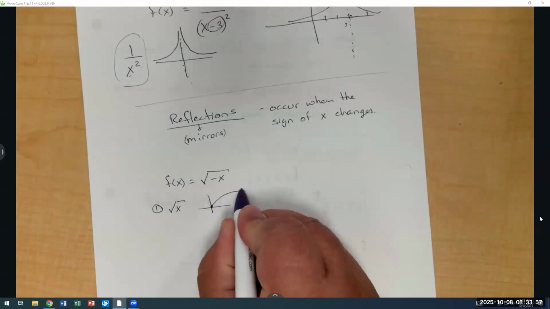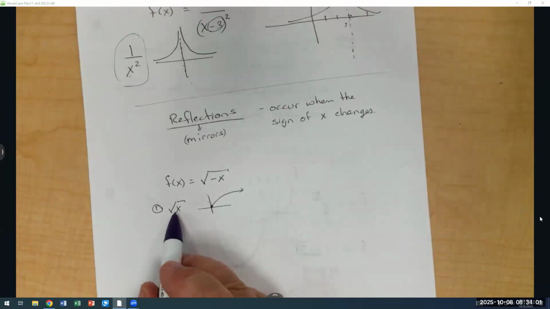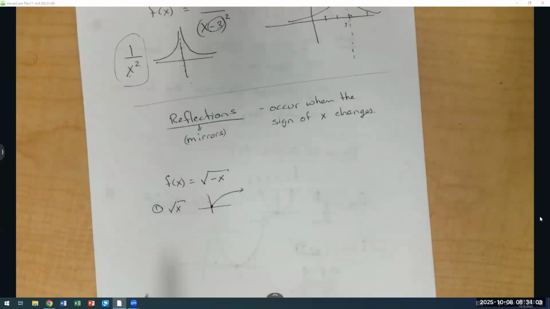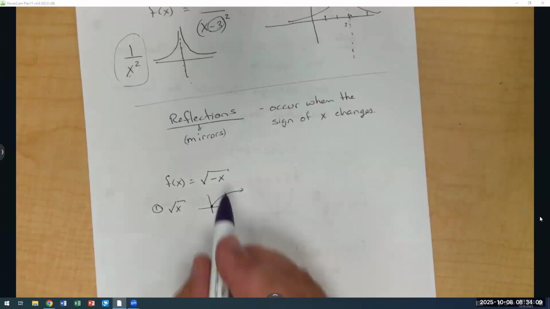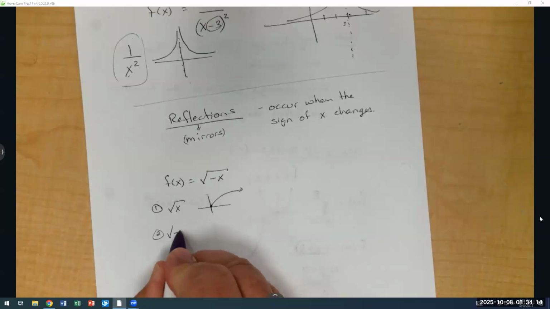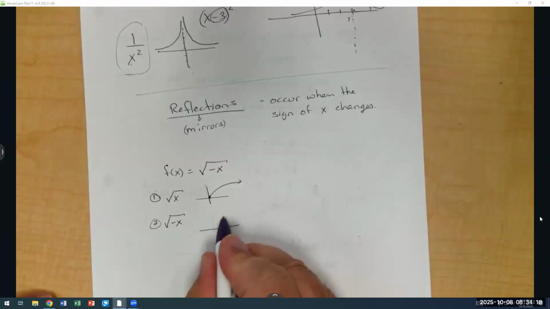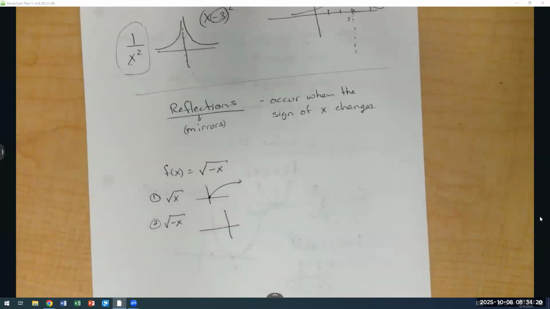It looks like this. Very good. Because remember, the reason being because you cannot have a negative inside a radical. The smallest it can be is 0. But what does our function do? Our function now changes the direction of our graph.